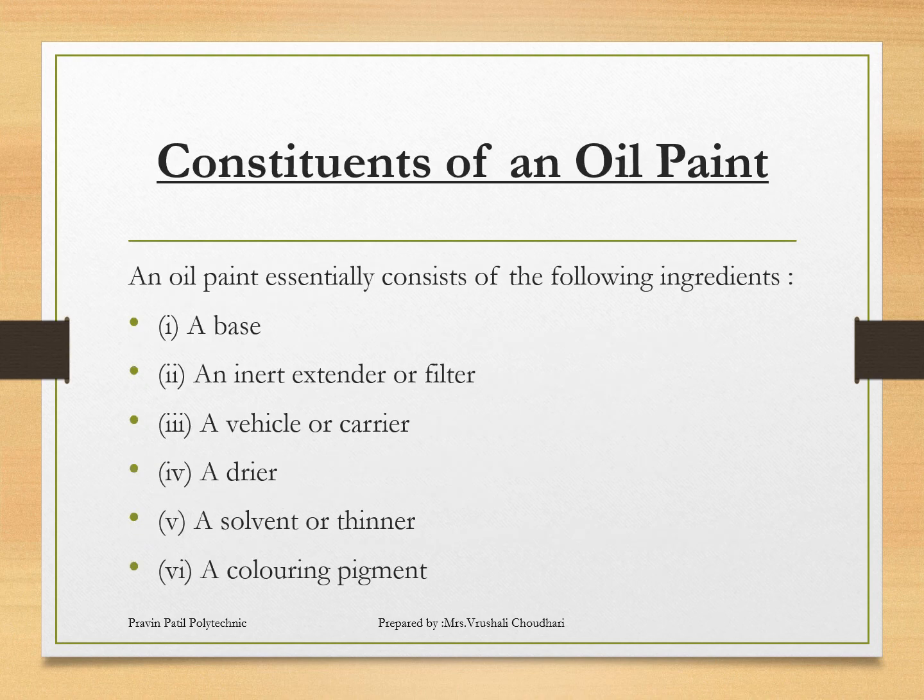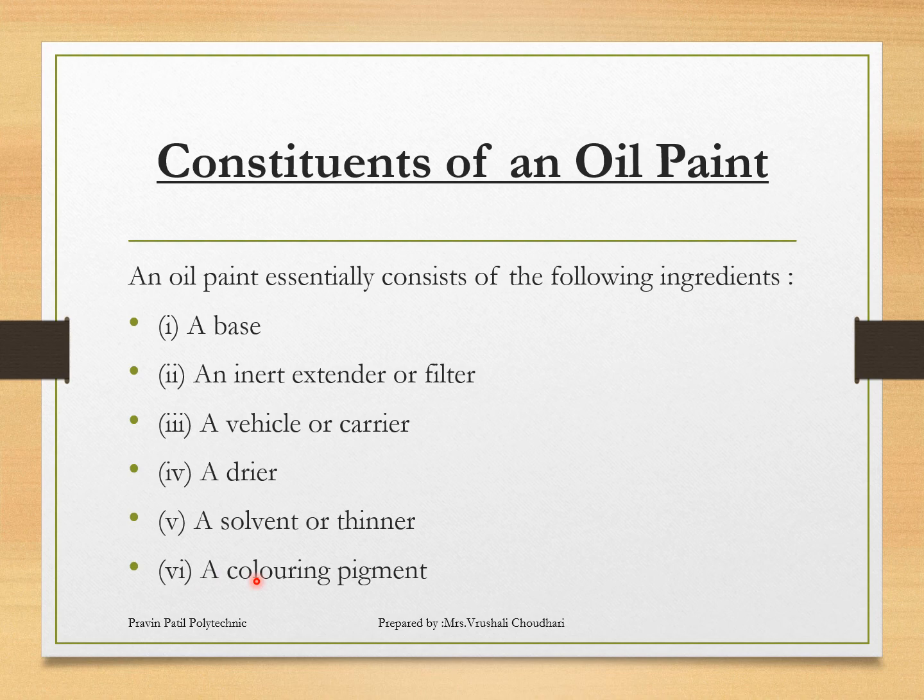How is paint manufactured? What are the basic constituents of paint? First is a base, an inert extender or filler, a vehicle, also called a carrier, a dryer, a solvent or thinner, and the most important, which gives the color, called pigment.